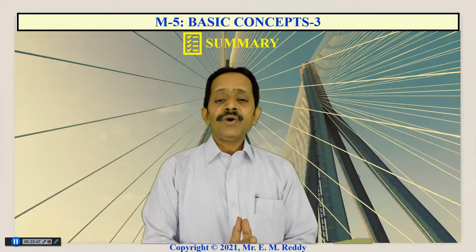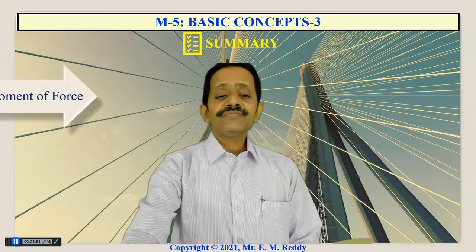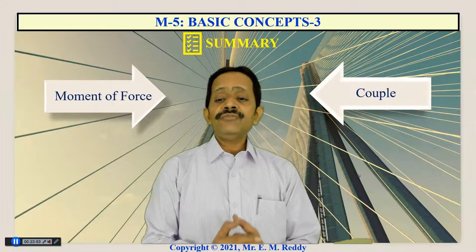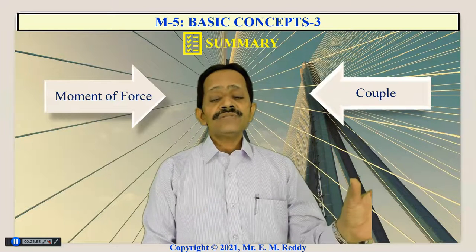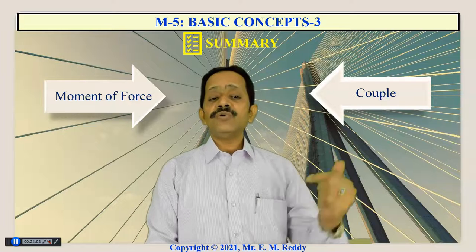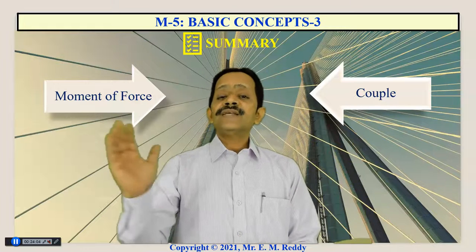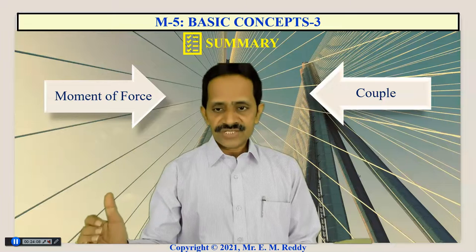So in this module, we have discussed in detail the two concepts: moment of force and moment of couple. Moment of force is the turning or rotational effect produced by the force on the body. Here the couple is formed by two equal and opposite parallel forces.